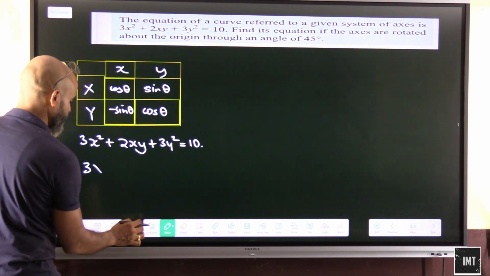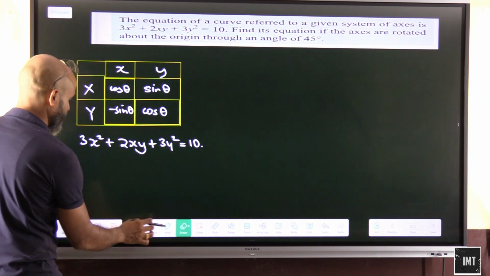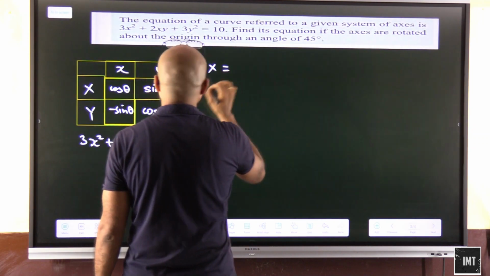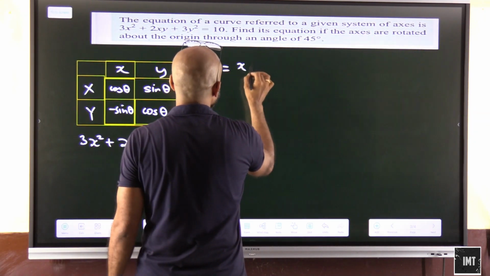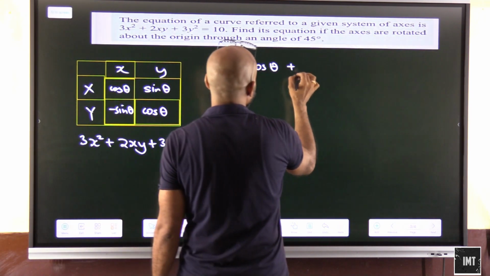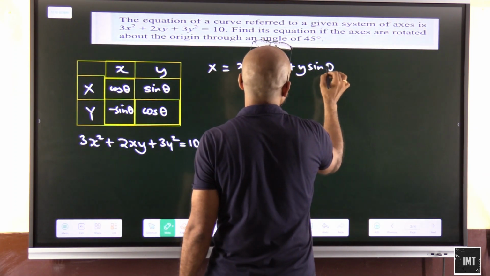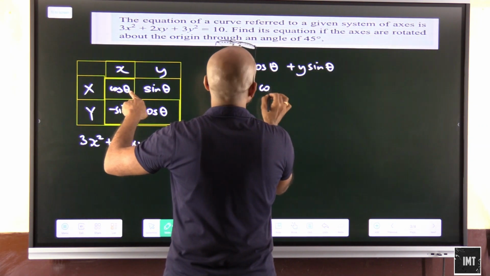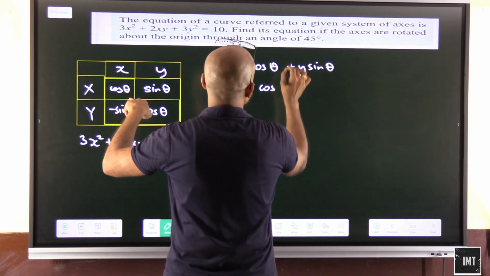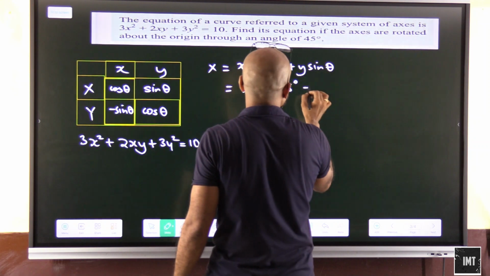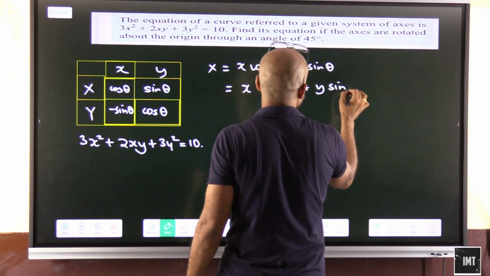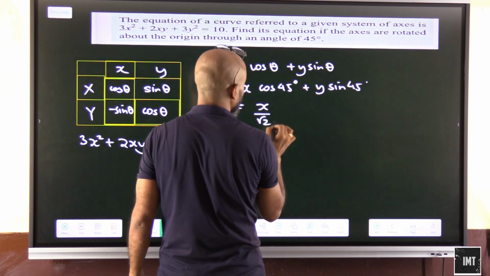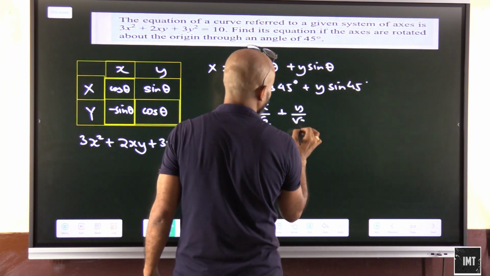So what will happen now? In place of x, capital X can be written as x cos theta plus y sin theta, which means how much? Here theta is 45 degrees, so x cos 45 plus y sin 45, which would mean x by under root 2 plus y by under root 2.